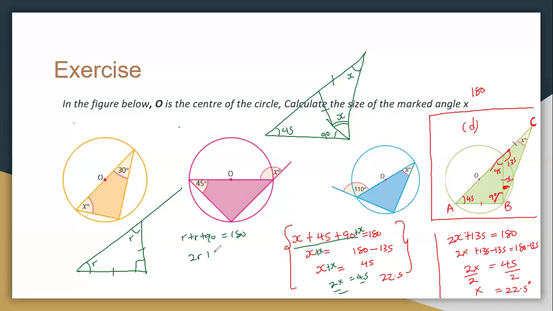So 2R plus 90 is equal to 180, minus 90 on both sides, and you get 2R is equal to 90. When you divide by 2, you get 45. So that's how they got 45. And then, you know, angles in a straight line add up to 180. So the angle here will be 180 minus the 45. And then you use the other property. So any approach of the two would yield the same answer.